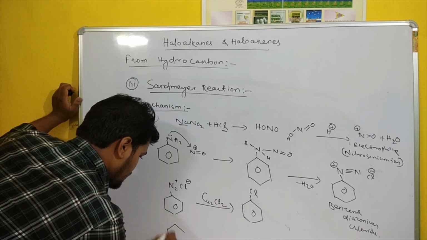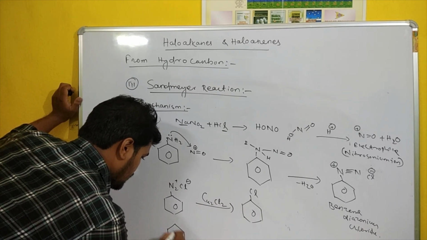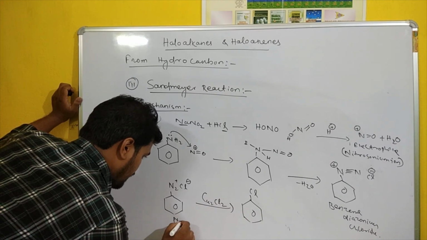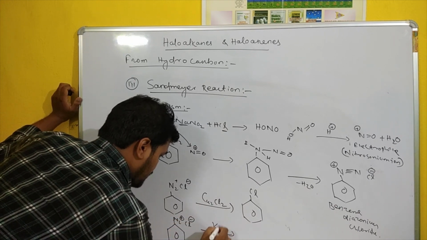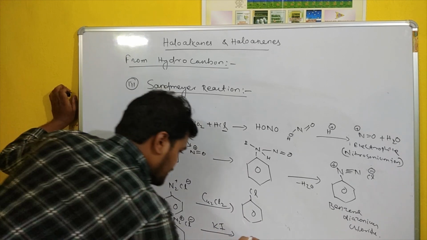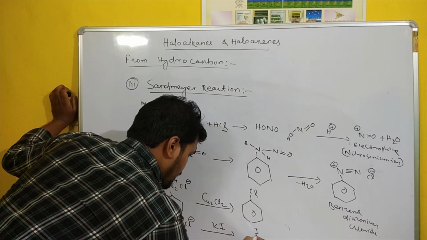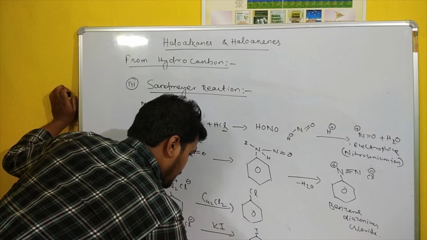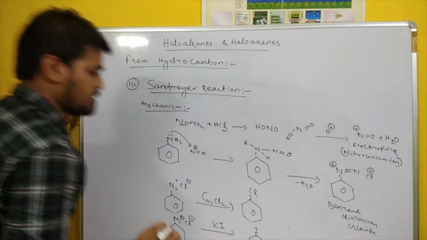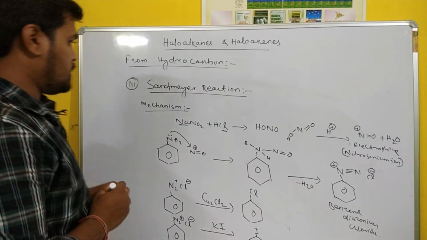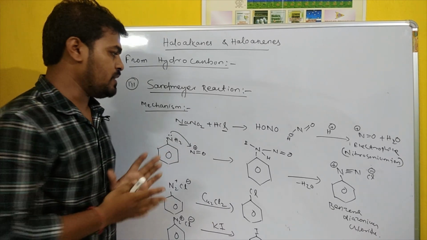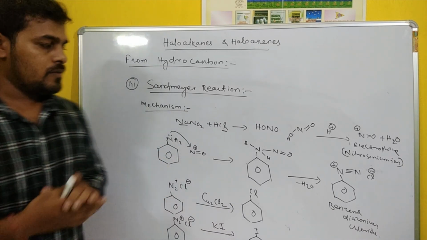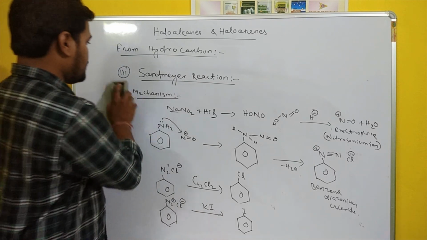And also in place of cuprous chloride, if we take potassium iodide, we also get iodobenzene. This is iodobenzene. This is the overall Sandmeyer reaction, the mechanism of the Sandmeyer reaction. Okay. Yeah, from next.